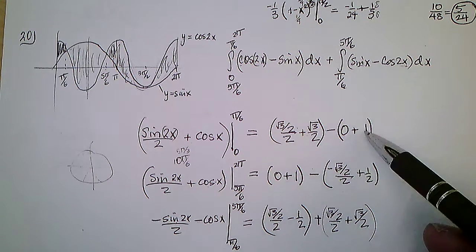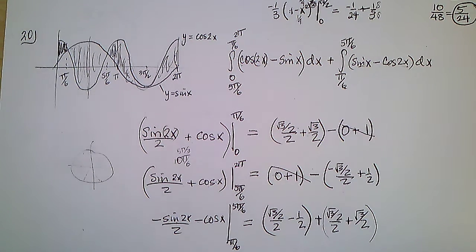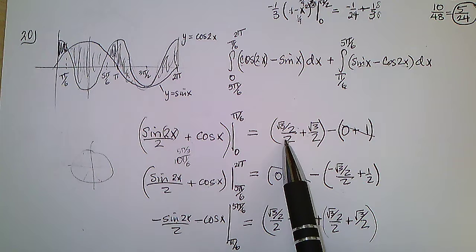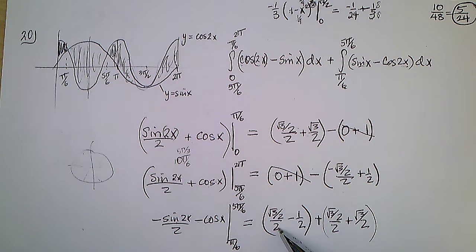So this is a minus 1, this is a plus 1. They cancel. This is a square root of 3 over 2 over 2. This is another one, so that's just a square root of 3 over 2. This is another square root of 3 over 2, and this is another square root of 3 over 2.